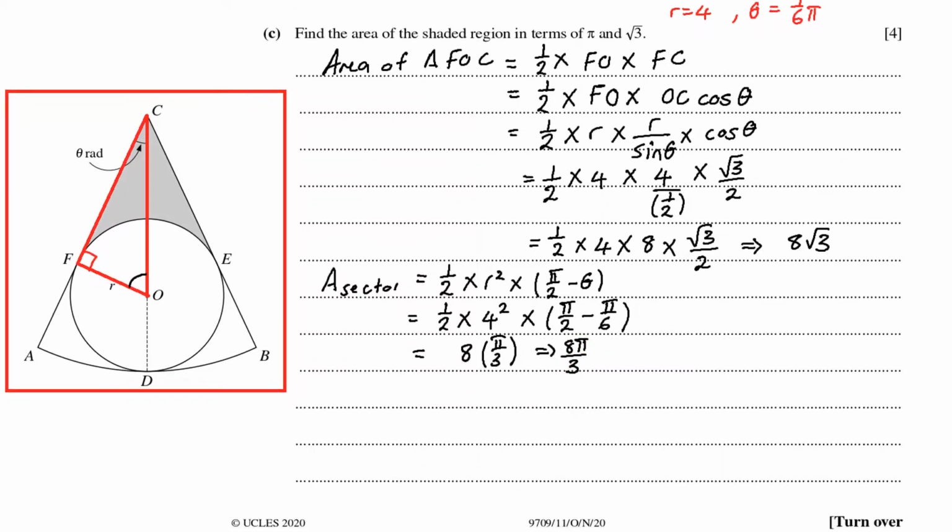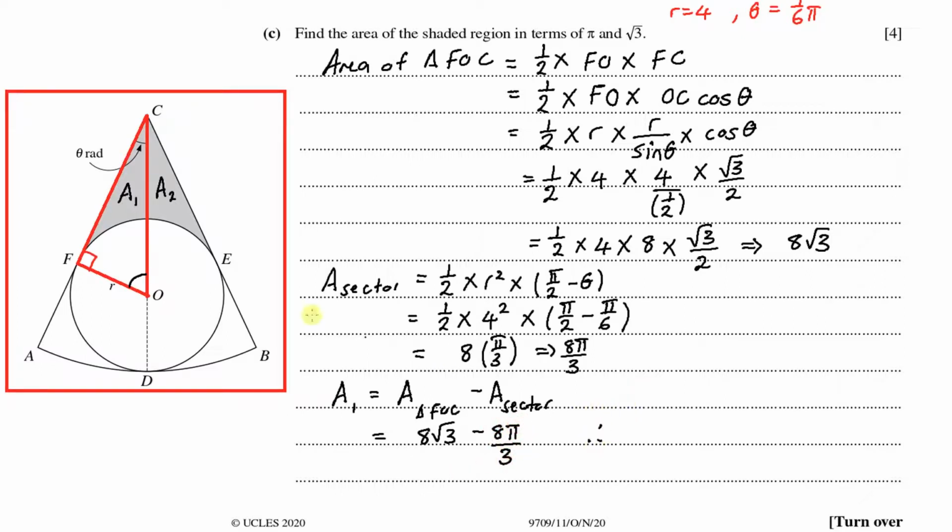So we can now say for the area here, which I want to call A1, and let's call this A2. For the area A1, we're going to say it's area of the triangle FOC minus the area of the small sector here. And that's area of FOC, 8 root 3, minus area of the sector, 8 pi over 3.